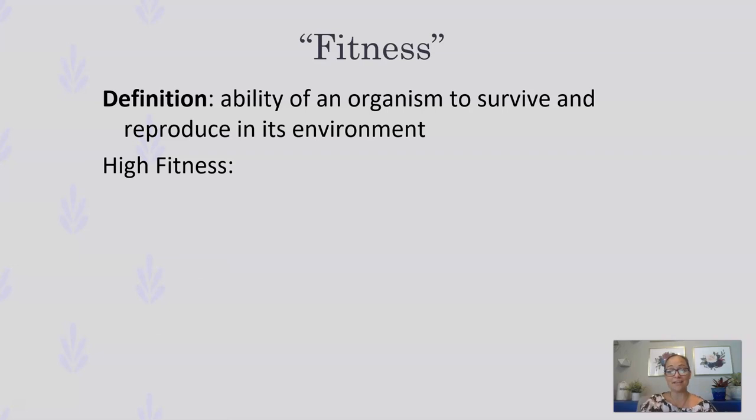So high fitness means that you live a long time, many years or many generations, and you have lots of offspring. So your phenotype, whatever traits you inherited, give you a selective advantage. You are better able to survive than others, and therefore if you survive, you get to reproduce, and therefore your genes are in the next generation. So that would be a high fitness phenotype.